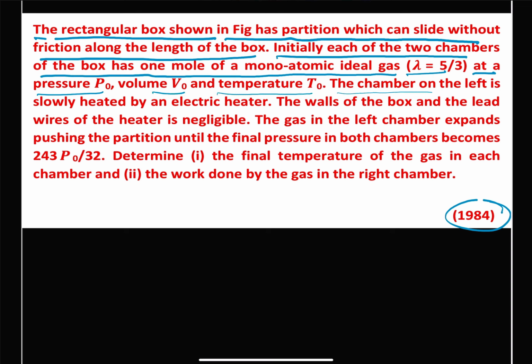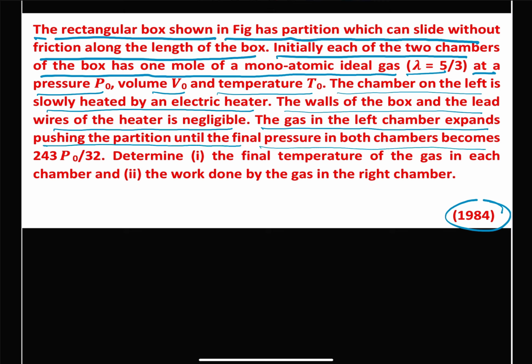The chamber on the left is slowly heated by an electric heater. The walls of the box and the lead wires of the heater are negligible. The gas in the left chamber expands, pushing the partition until the final pressure in both the chambers becomes 243 P0/32. Determine the final temperature of the gas in each chamber. Part second, work done by the gas in the right chamber.